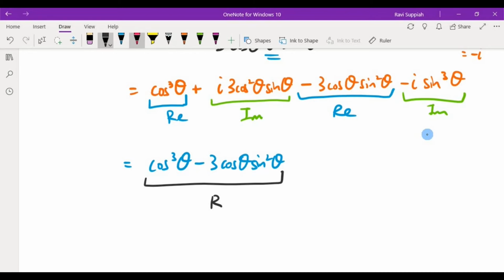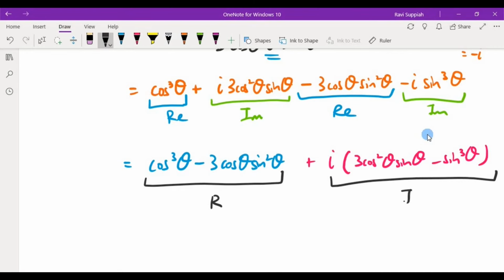So the imaginary consists of plus i. I'm going to put all the imaginary terms inside here: 3 cosine square theta sine theta minus sine cube theta. And this whole part here is the imaginary part. So this is the real part and this is the imaginary part.